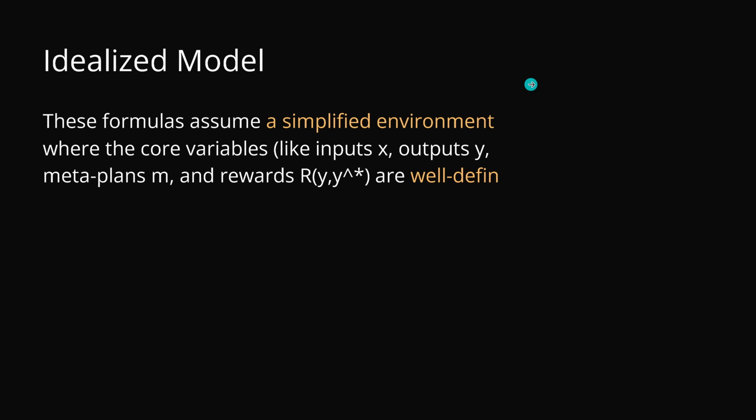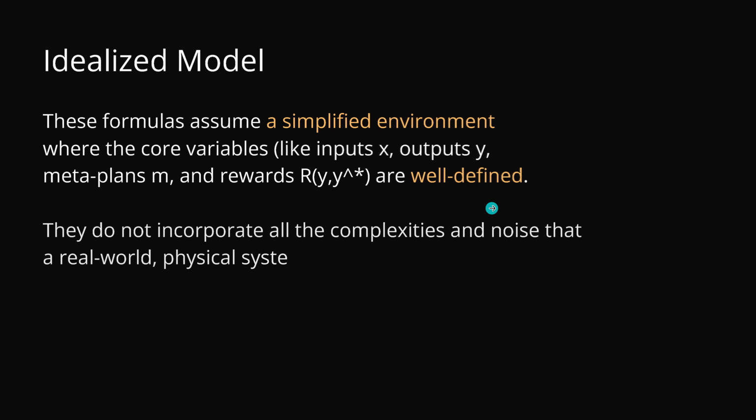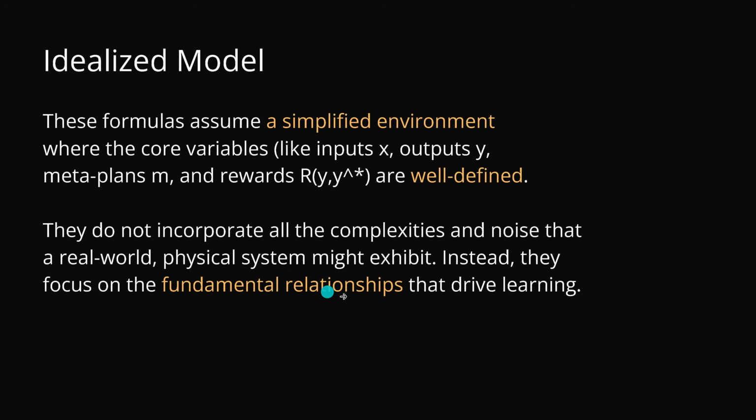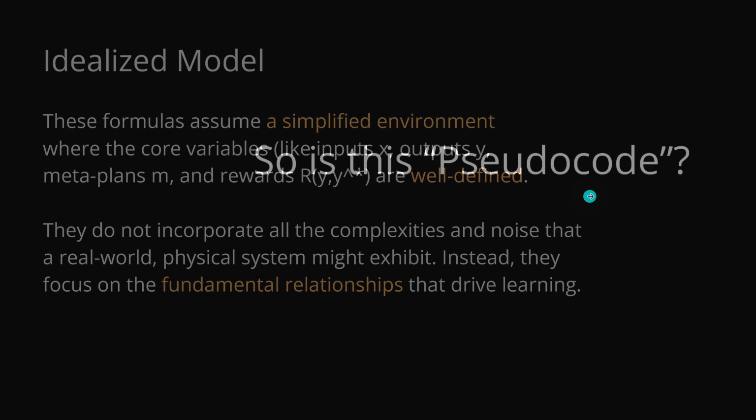But just notice we are working here with idealized models in a simplified environment where every parameter, input, output, the meta plans, the reward systems, the reward function, the operators are all well defined. There's no problem at all. We never encounter any problems. But those perfect idealized models, they help us to understand the fundamental relationship for our learning.